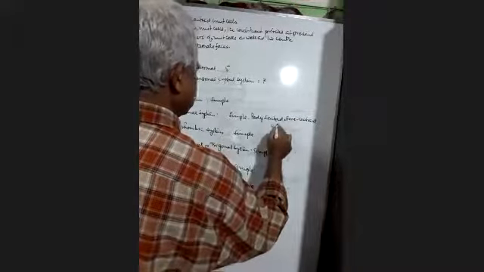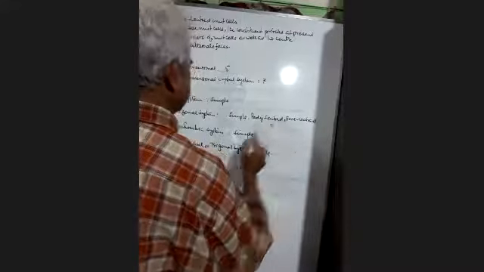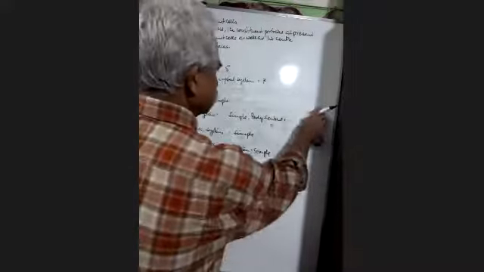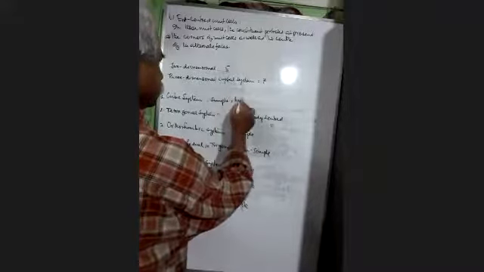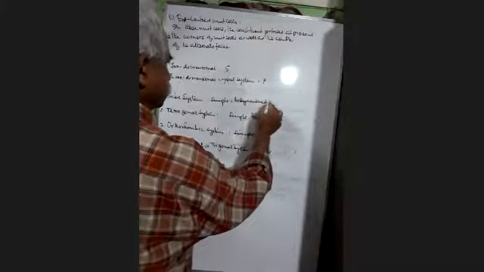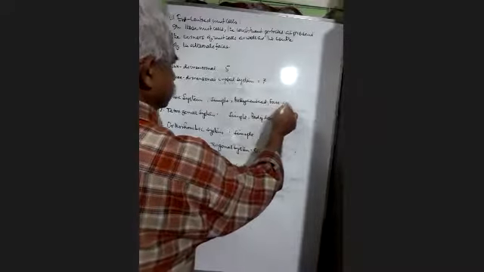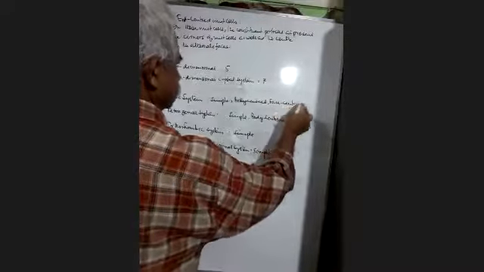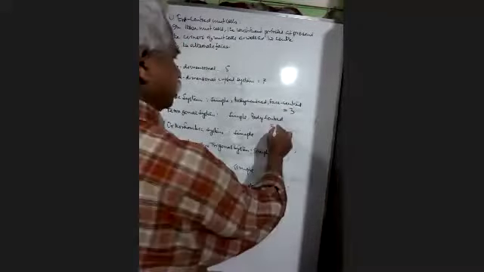Total how many? So total 3. Then it is total 2.